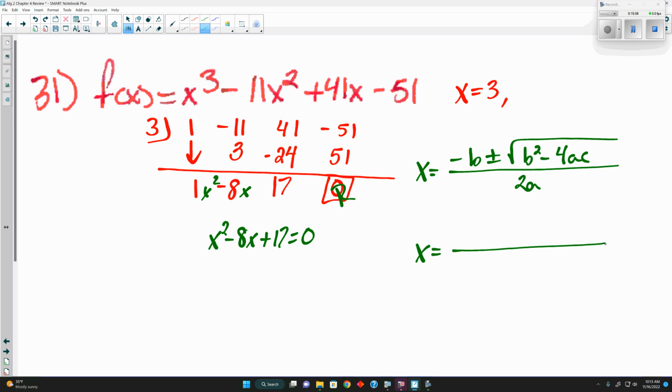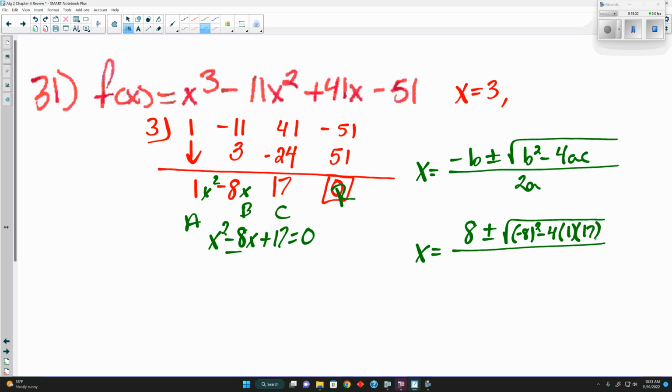What's the value of b? Well, b is negative 8, yes? So what do we have? Negative, negative 8. A negative and a negative make a positive. Then negative 8 squared minus 4, the value of a is 1, and the value of c is positive 17.